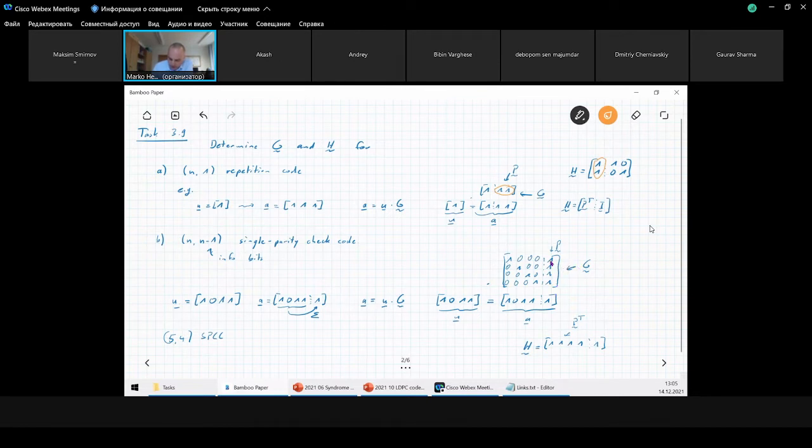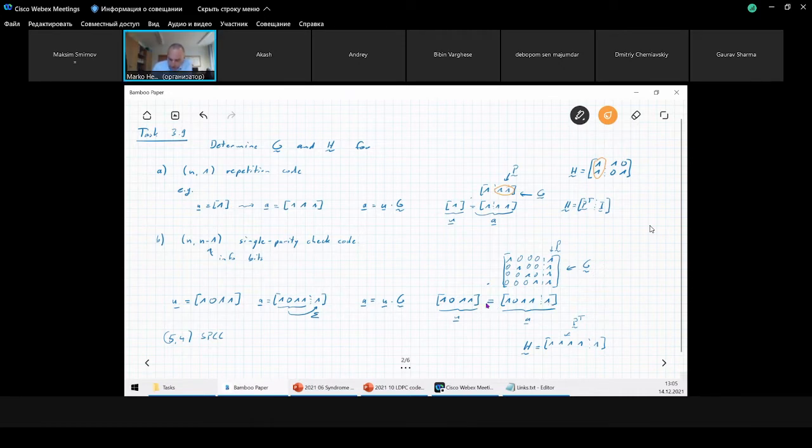If we want the parity bit to be the sum of all the information bits, we can get this by a column in the generator matrix containing only ones. This means 1 times 1 plus 0 times 1 plus 1 times 1. So everywhere where I have a 1 in my information sequence, I will get a 1 in this sum at the end.